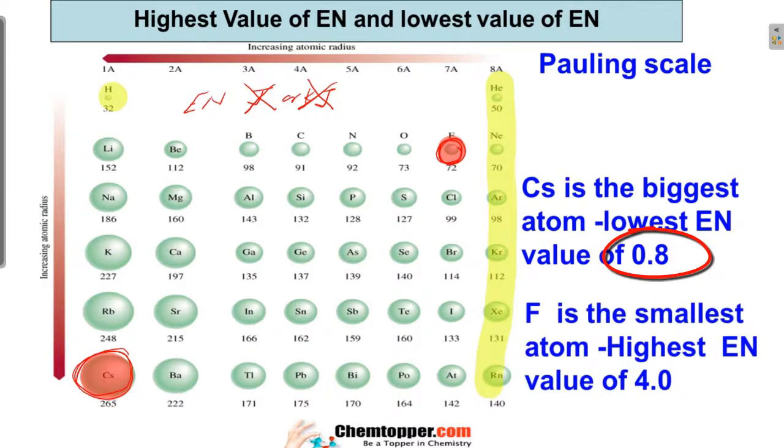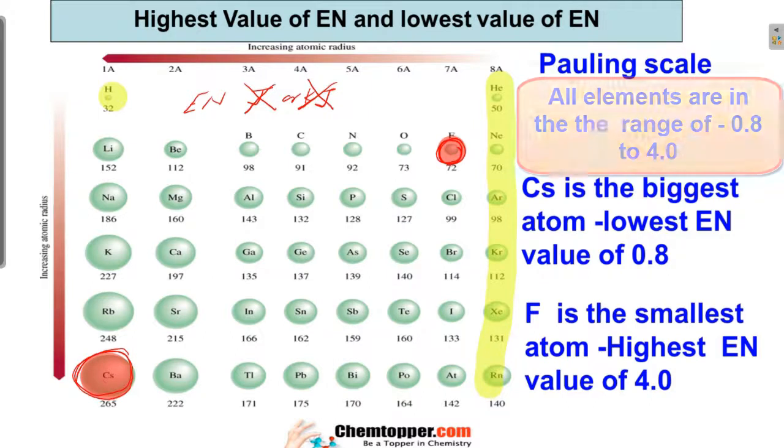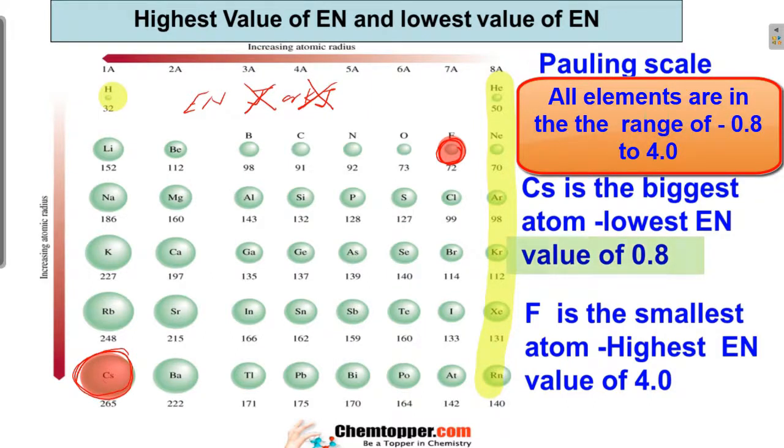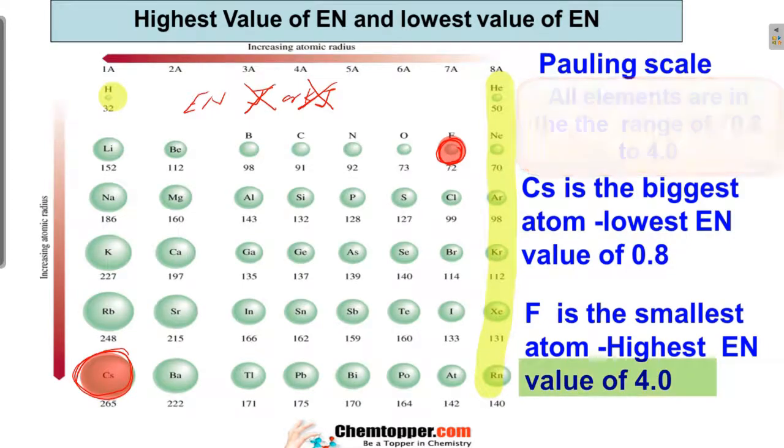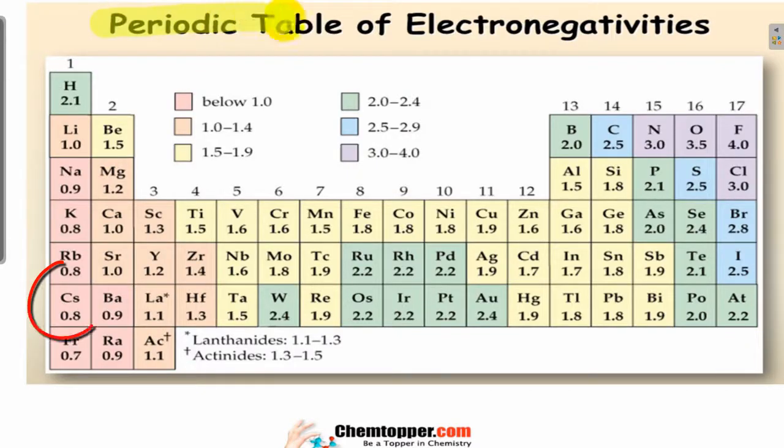And fluorine, the smallest atom, has the highest electronegativity value of 4.0. So all important elements of the periodic table lie in the range of 0.8 to 4.0 on the Pauling scale. This is the periodic table of electronegativity.